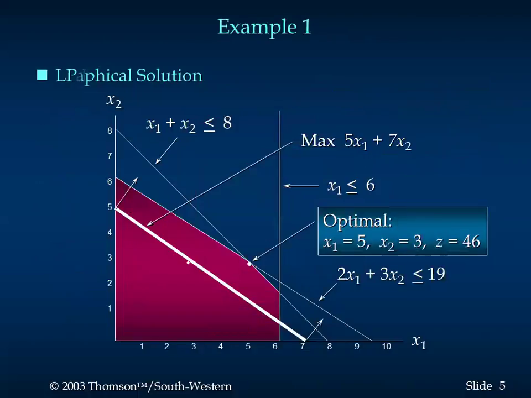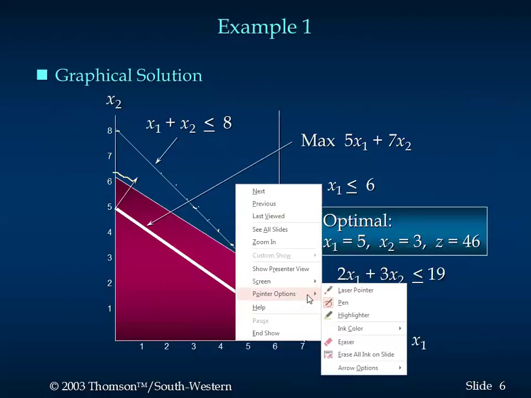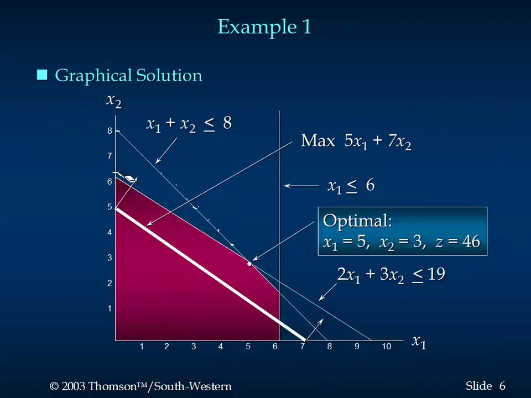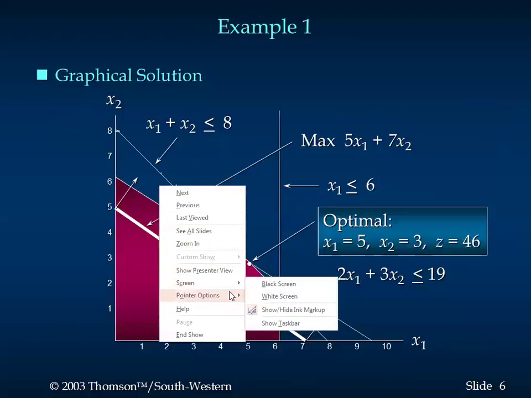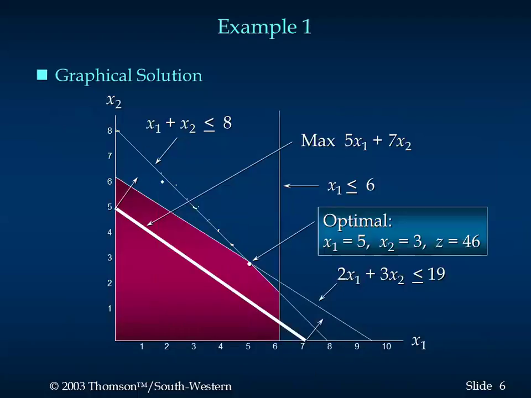So this constraint will be pushed up, and now the new optimal solution will be the new constraint intersected with this constraint. That will be the new optimal point. We'll have to find that new point and find the optimal value at that point. The change from 46 to that new value is our dual value.